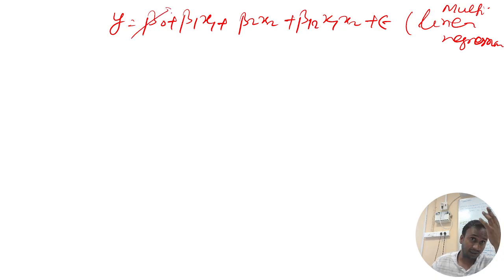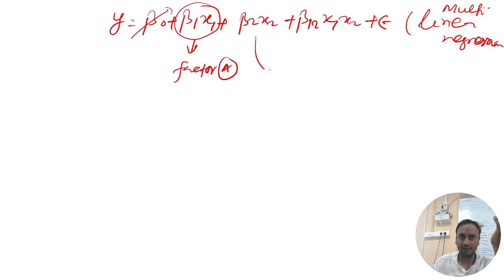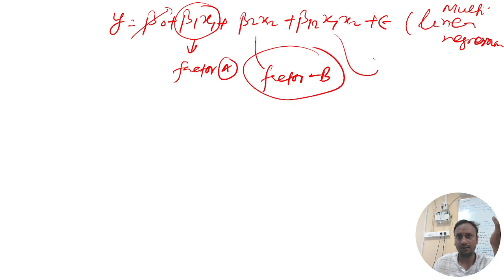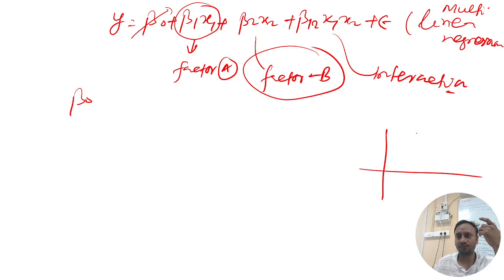This is the slope for the effect of factor A, this is for factor B, and this is for interaction. To calculate beta naught, let's say we have 2 by 2.